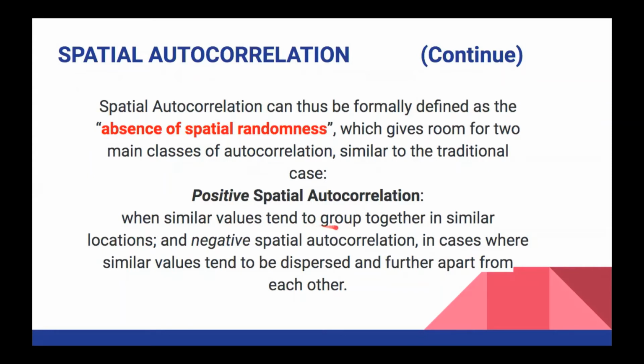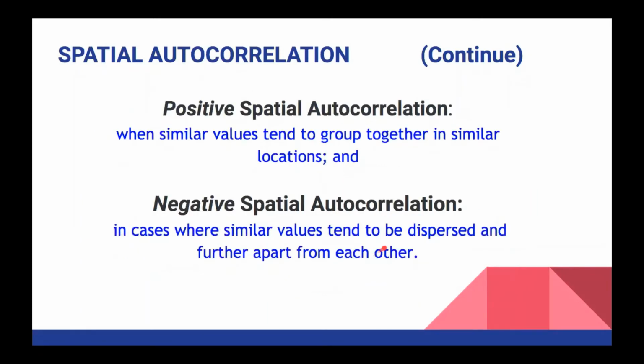And we have negative spatial autocorrelation when similar values tend to be dispersed further apart from each other.